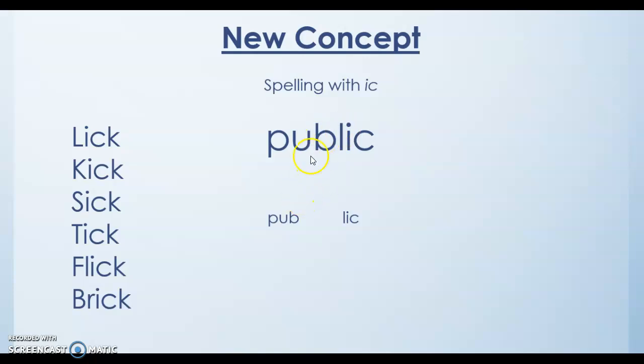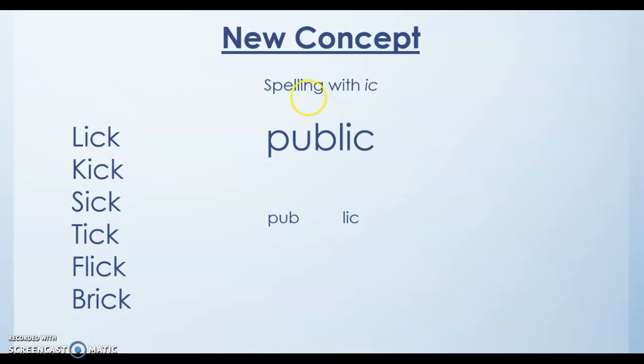All right? Anytime you have a word that ends in that ick sound, I-C-K, we know that when it's two syllables, it only ends in I-C. There is no K. This is tricky. It's not something you're going to remember every time right away.